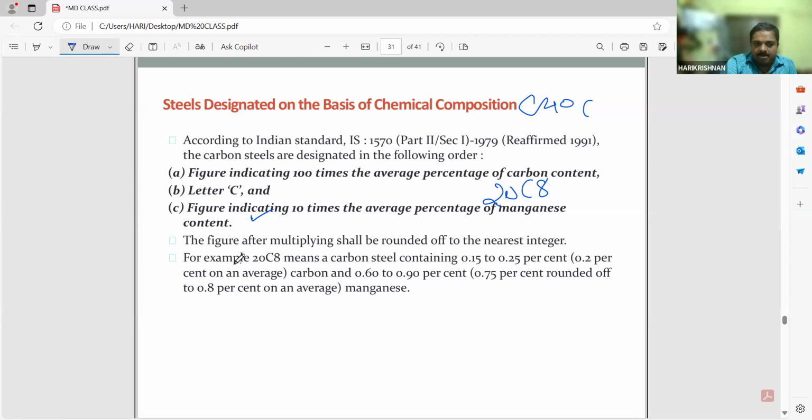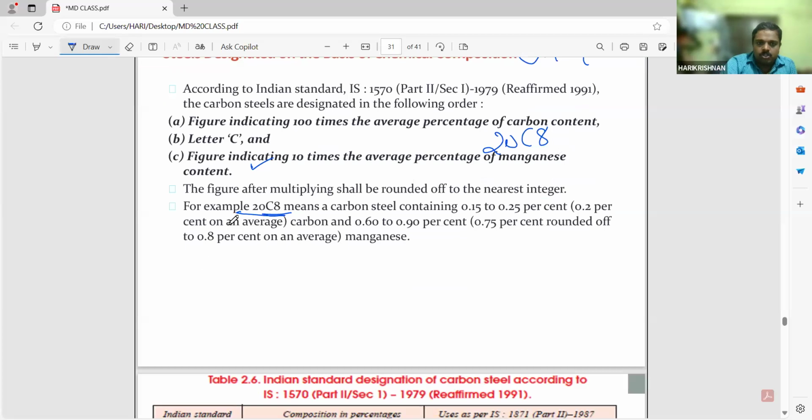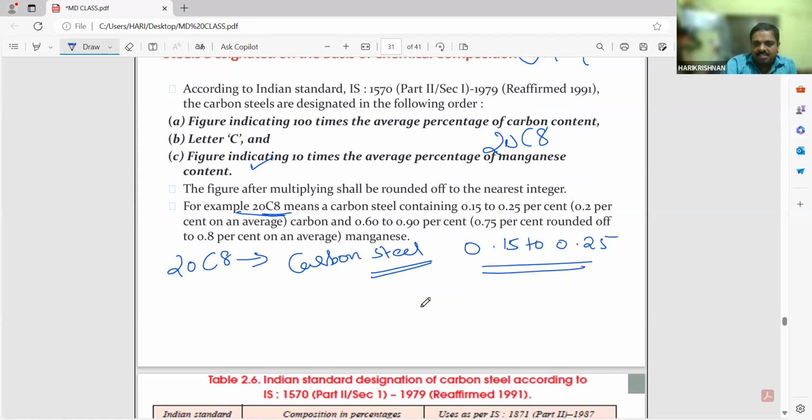So, for example, 20C8 is a carbon steel. 20 is the value of carbon. Here the percentage of carbon will be 0.15 to 0.25.